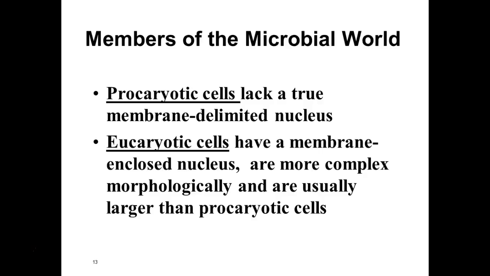It's got little studs on it. What else? Any other ones? A whole bunch of stacked membranes, packages. Golgi apparatus, lysosomes. All of those are membrane compartments, and all of them are only found in eukaryotes.